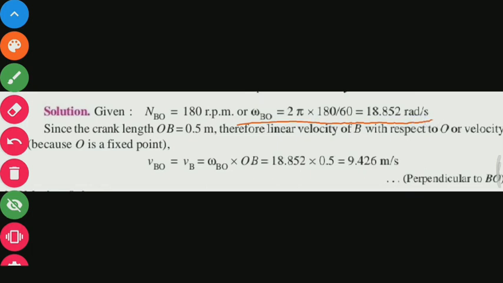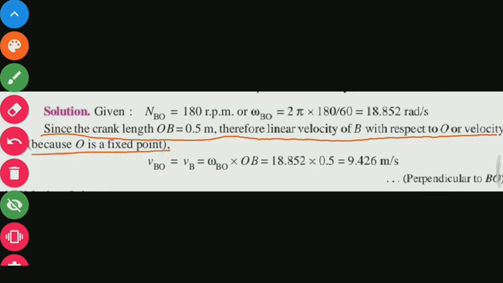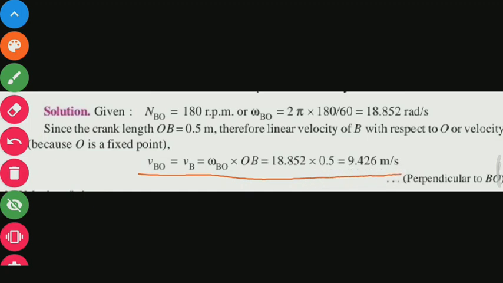Since the crank length OB is equal to 0.5 meter, the linear velocity of B with respect to O, or velocity of point B, because O is a fixed point, VBO is equal to VB, is equal to omega BO into OB, 18.852 into 0.5, is 9.42, perpendicular to BO.